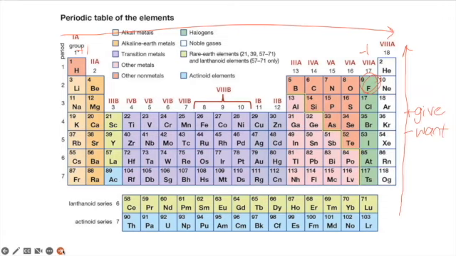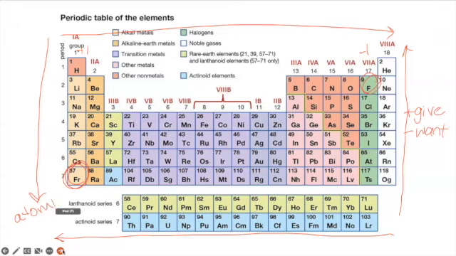So there's another trend that goes to the opposite corner, where you increase as you go down and increase as you go to the left, for atomic radius. Atomic radius is just the size of the atom.